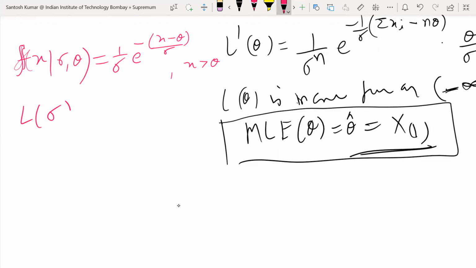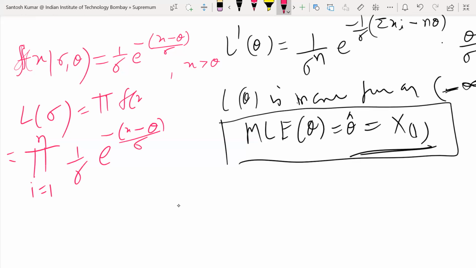So L sigma. It's a product, same definition, i from 1 to n, 1 upon sigma e raised to power minus x minus theta upon sigma. So it's xi actually, because the definition is f of xi, x1, x2, up to xn, i from 1 to n.